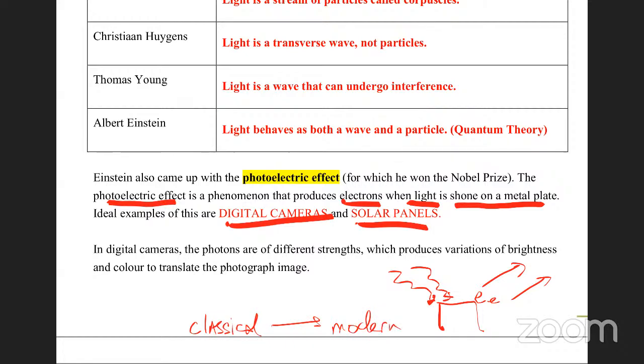To summarize, classical physics is where people thought light had wave properties alone, and modern physics is where light has both wave and particle properties.